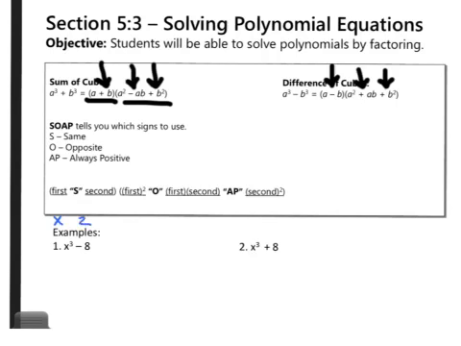So what you do is first you set up a binomial. Your first value, the same sign, and then your second value.